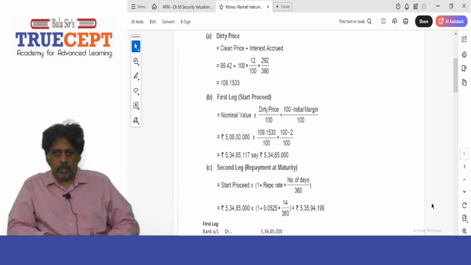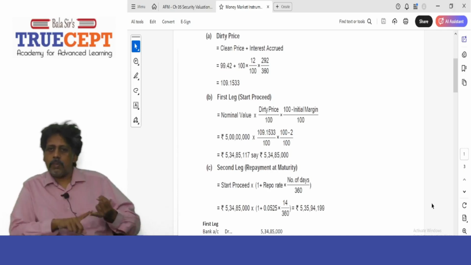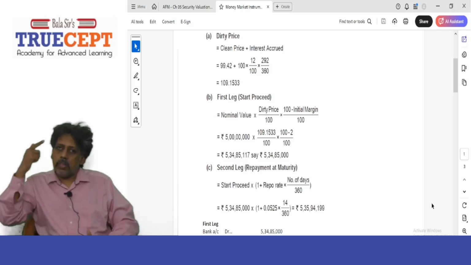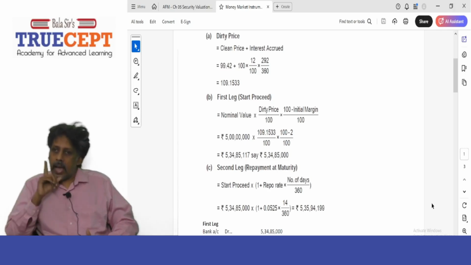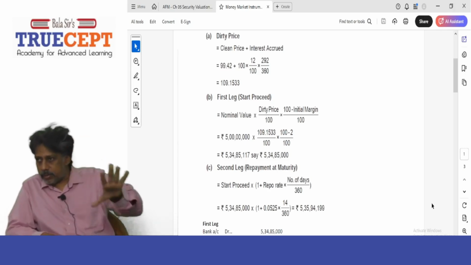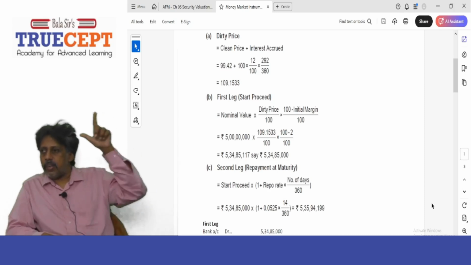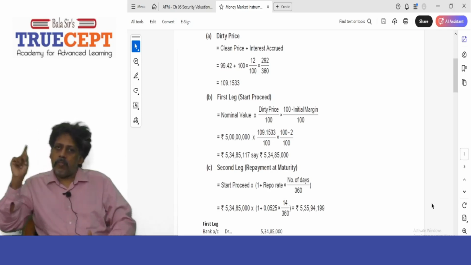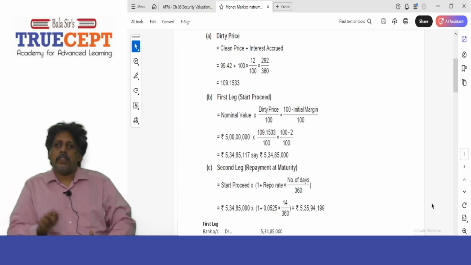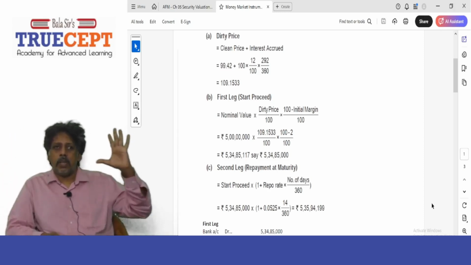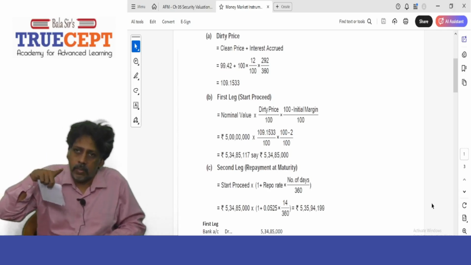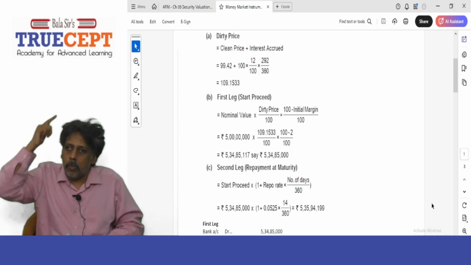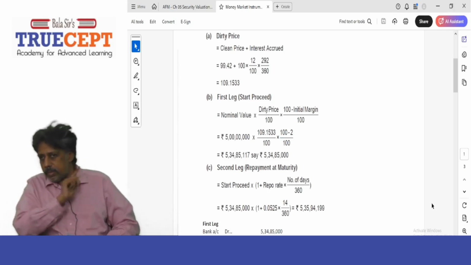Or rupees 5 crore into 109.1533 by 100, which is as good as 5 crore divided by 100 face value giving 5 lakh bonds, sold at 109.1533 into 98%, because bank B will not give all the 109.1533 to bank A, they will remove 2%. Got it? Yes, sir.